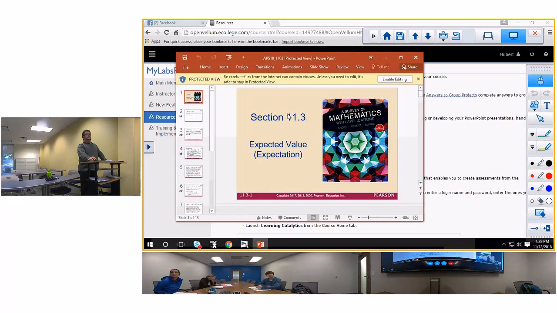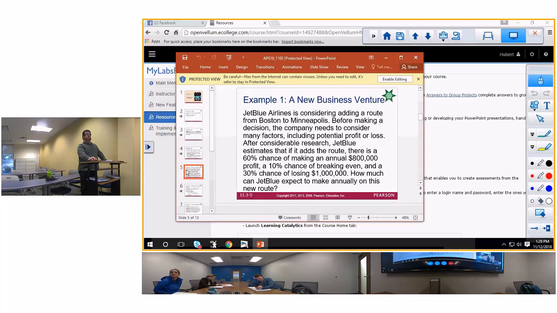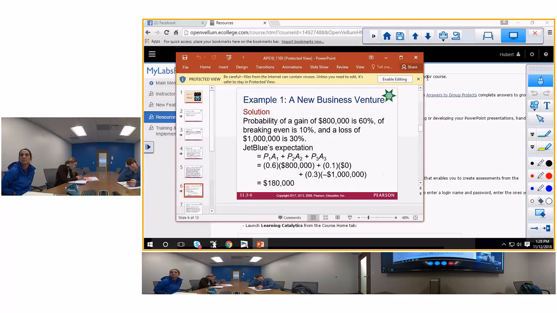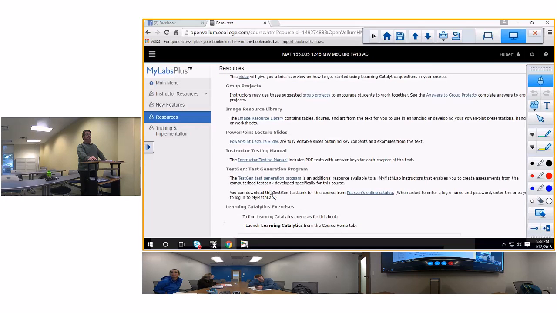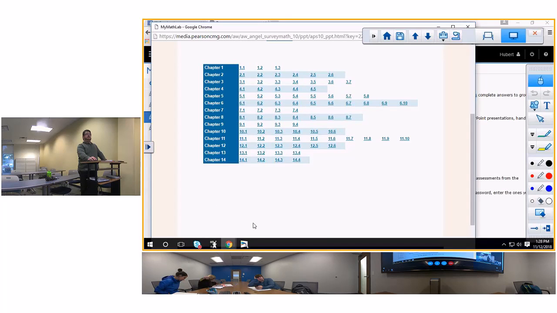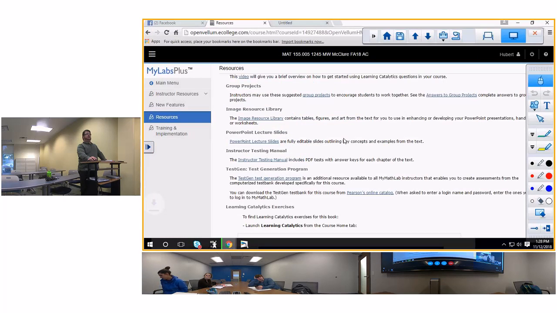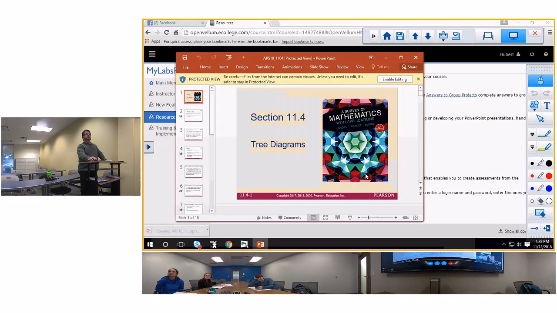No, that's not it. No, we're not doing that. That confuses too many students. Hold on. 11.4, I wanted to see if they have the multiplicative law and the additive law.